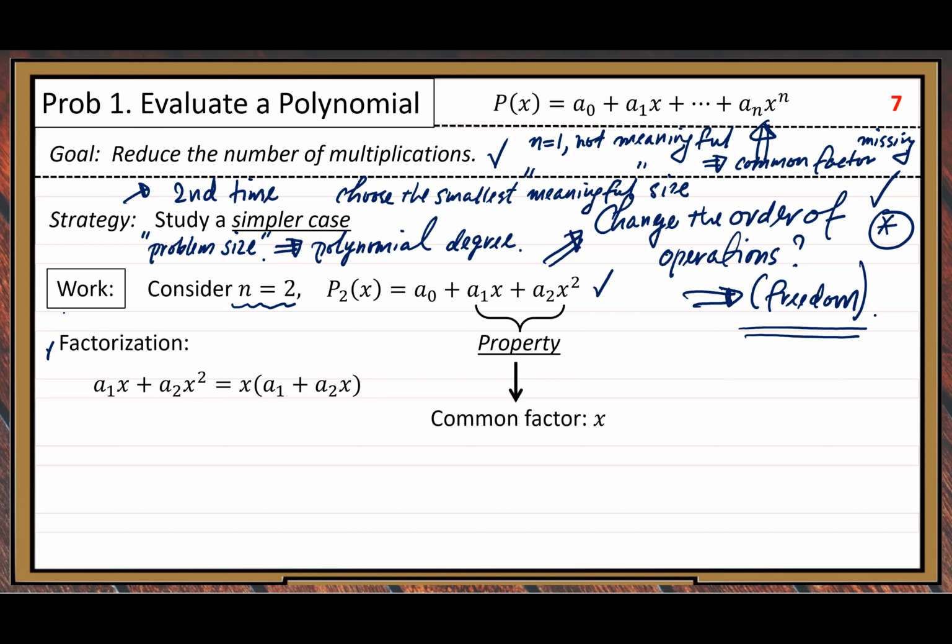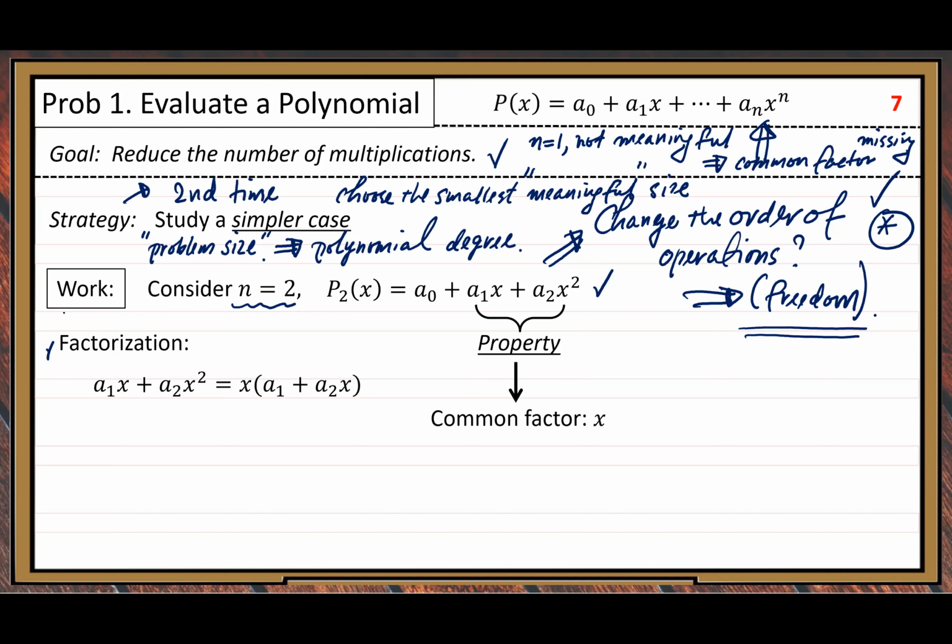We factor that x out, then parenthesis a1 plus a2x. That's the form change. You can see the left-hand side and right-hand side have the same value, but in different forms.